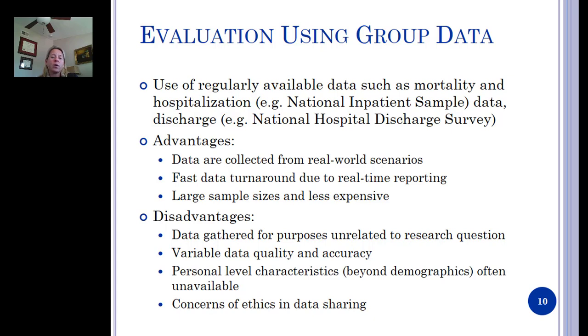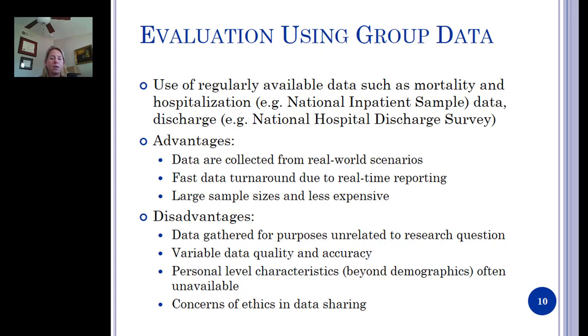So for instance, if we're interested in looking at whether or not a specific program had any impact on mortality and hospitalization rates, we could easily go to the National Inpatient Sample Survey, which are grouped data, to perform an evaluation.